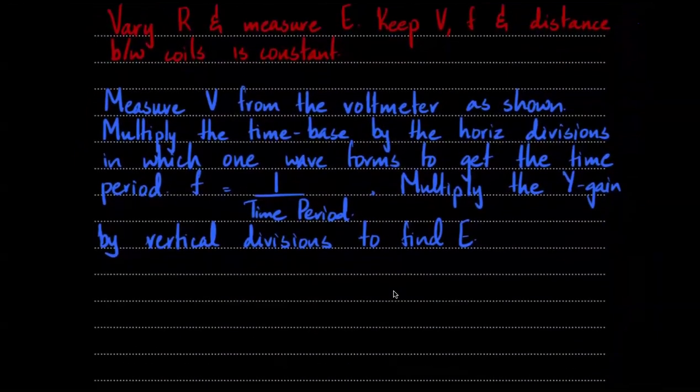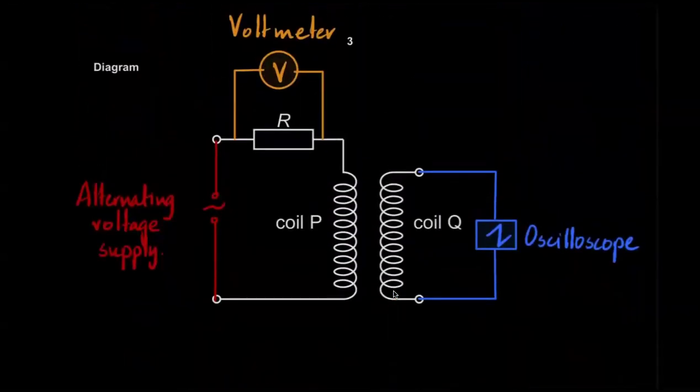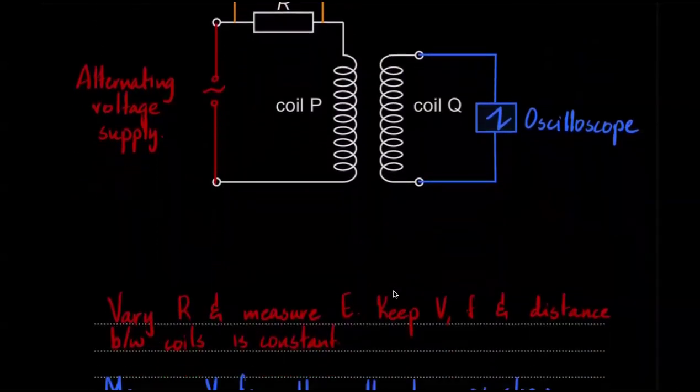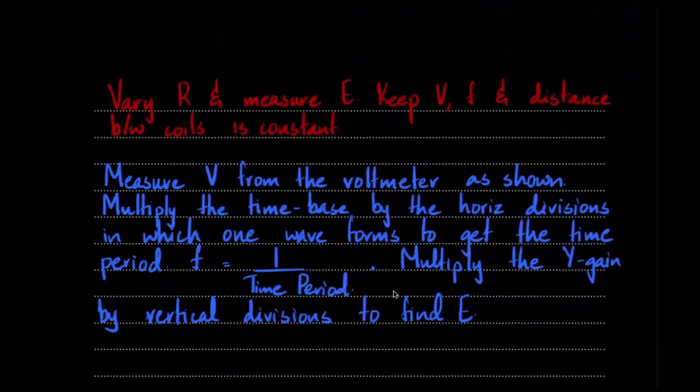So for the voltage from the voltmeter, in a way here, it would be kept constant if we always tune this voltage supply, if we have a varying supply. So if we change the voltage reading so that it always gives us the same voltmeter reading, this is also something we could have talked about. But right now I want to talk about this thing here, the distance between the two coils being constant. How can we talk about that?